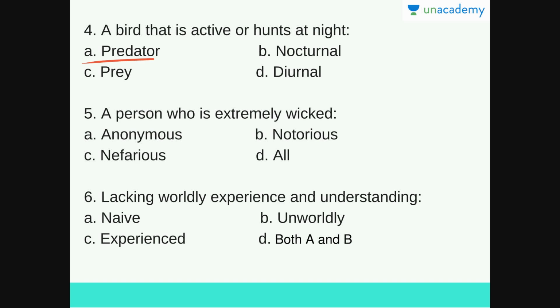That is, if a tiger eats a deer, then the tiger is the predator and the prey will be the deer. And diurnal is something that is active, occurs or happens in the day. So nocturnal and diurnal are antonyms of each other. So the answer for this question is B, nocturnal.